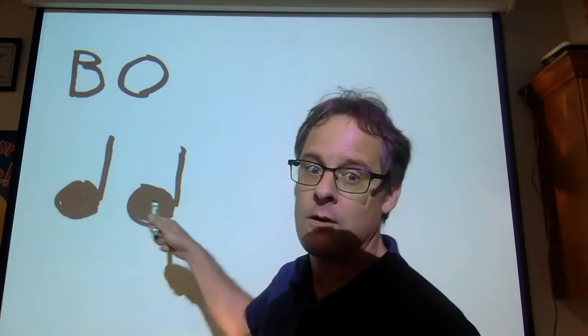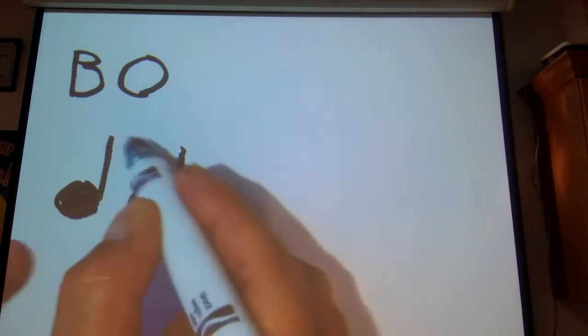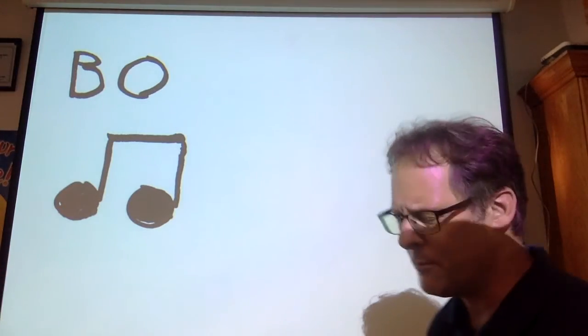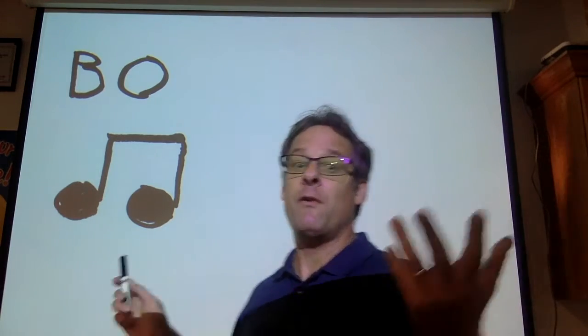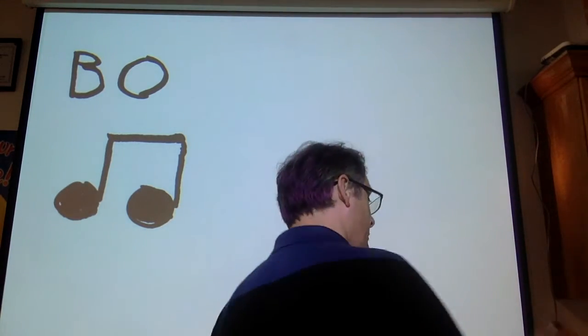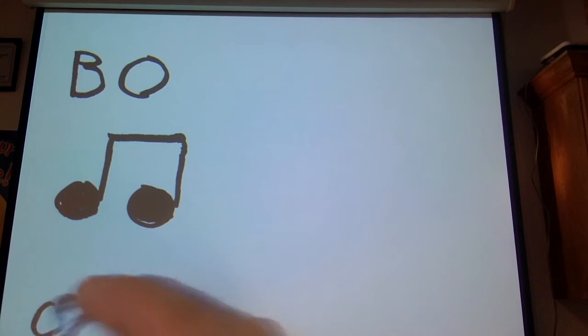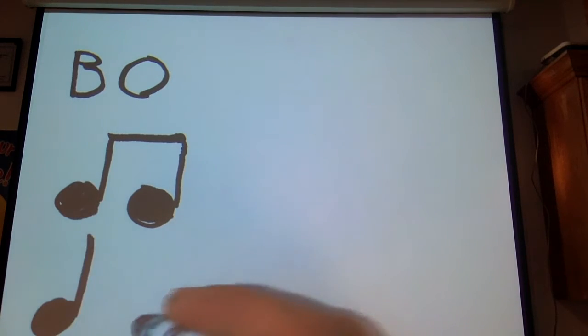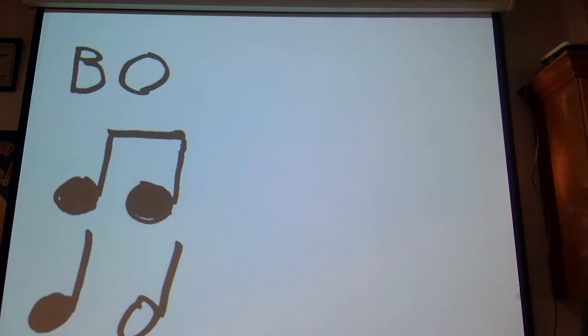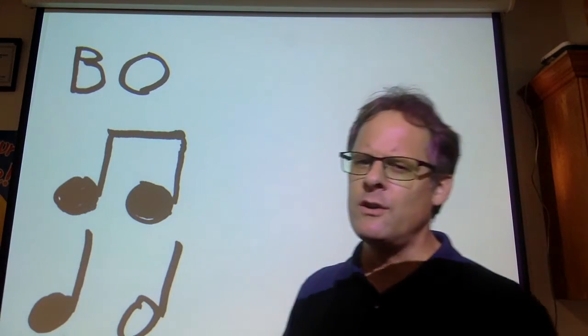Ti, ti, which is different from this, which is ti, just 1 beat. So when you write things, you want to be very clear that there's a difference between, especially this one, ta and ta. Those are 2 different things. So just be careful when you're writing your rhythms.